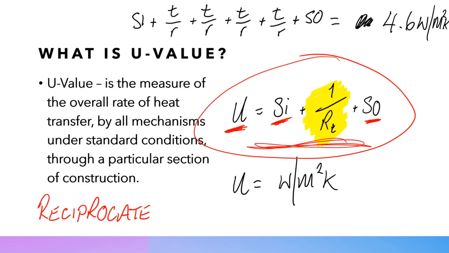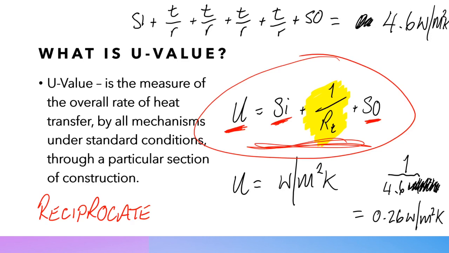What we do is we take 1, we reciprocate 1 divided by the answer, which would be 4.6 watts per meter squared Kelvin, which equals, now I'm just giving you a bit of an example, let's say the answer is 0.26. In fact, we'd just say 4.6, and then the answer, once this has been reciprocated, would be 0.26 watts per meter squared Kelvin.